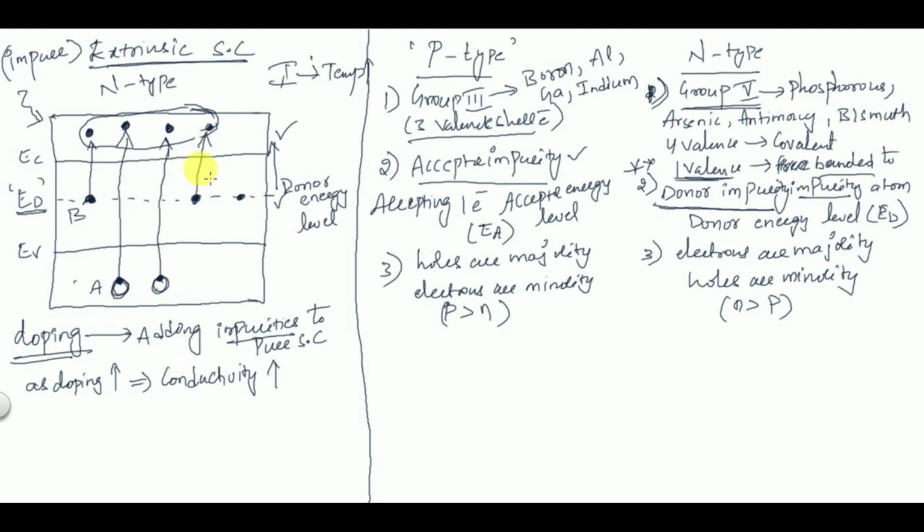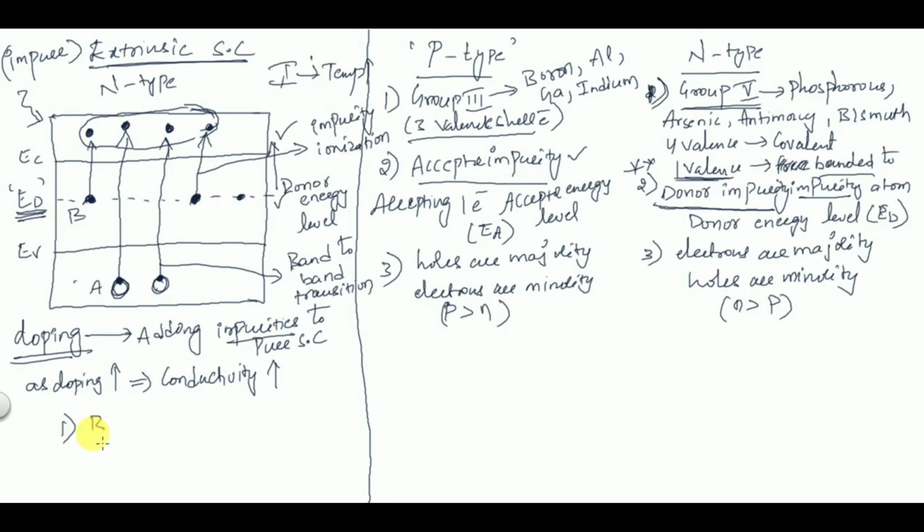This process of exciting the electron from the donor energy level into the conduction band is called impurity ionization, and this process is called band to band transition. So in extrinsic semiconductor, current conduction is due to two processes.